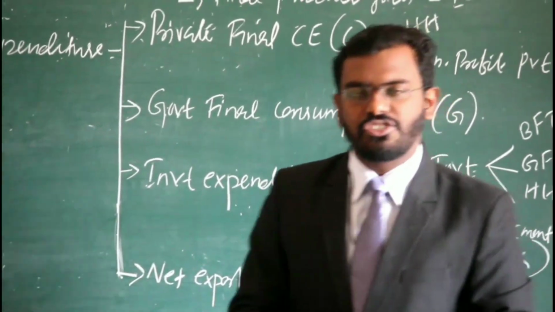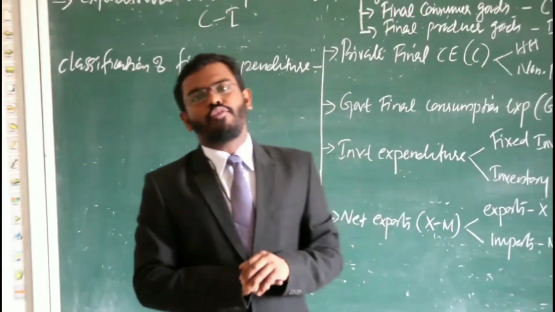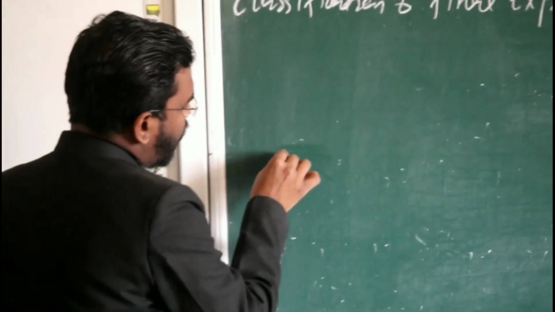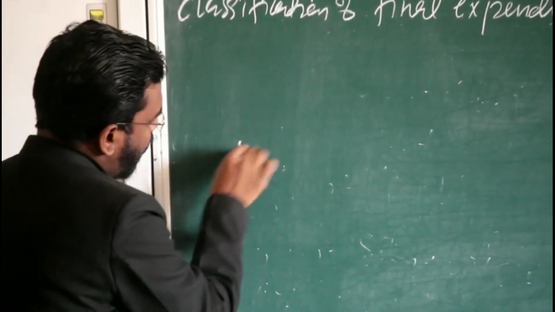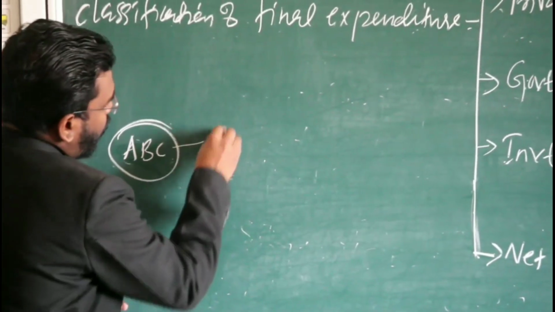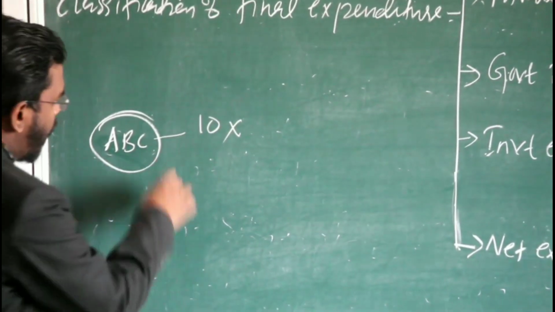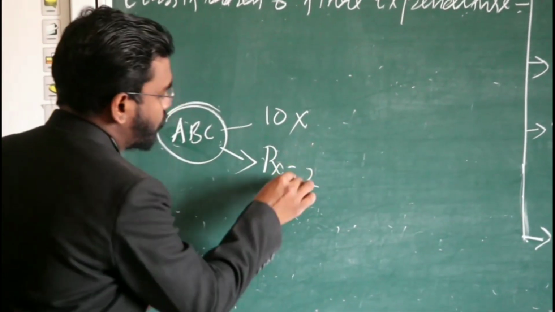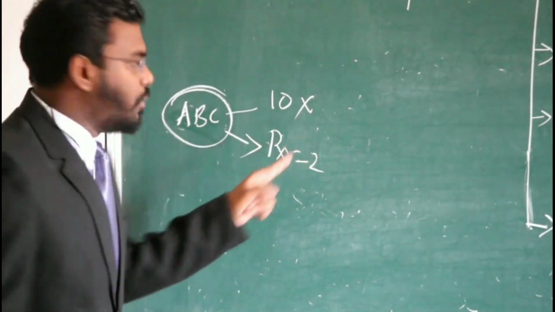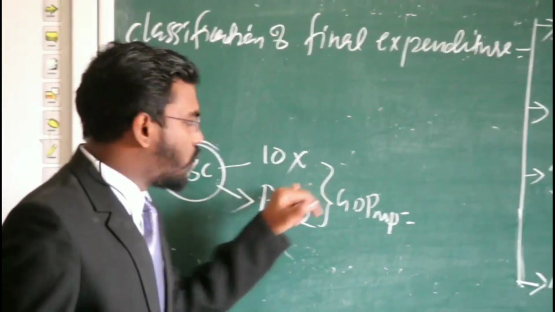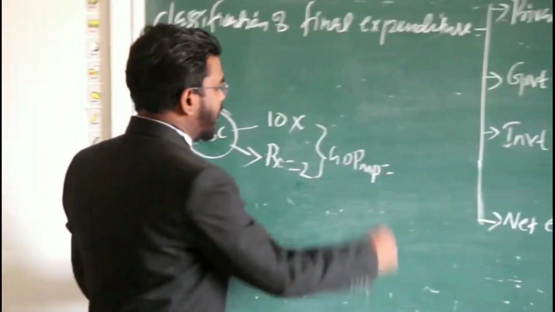We can discuss with the help of an example. For example, in a country A, B, C produced 10 units of commodity X, and the price per unit of X is 2. So GDP-MP is equal to 10 into 2, price into quantity, that is 20. 20 is our GDP-MP.